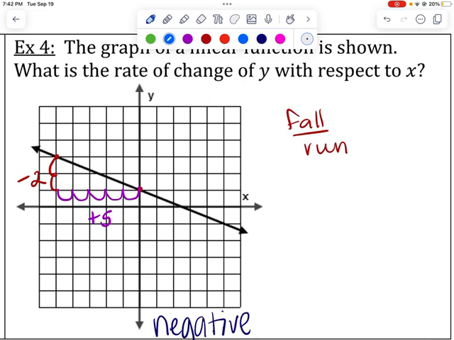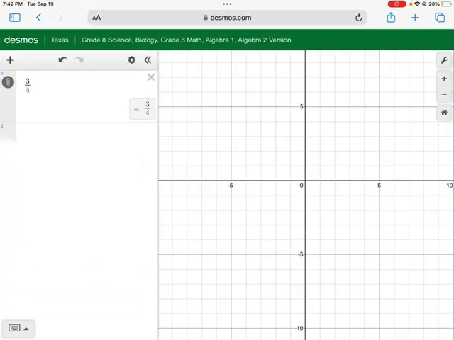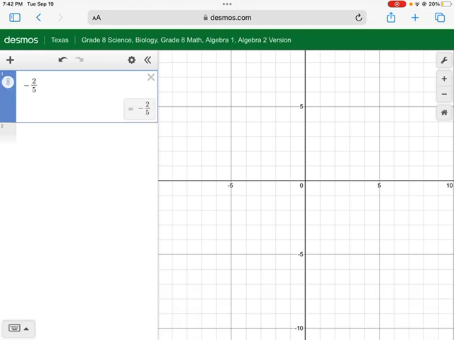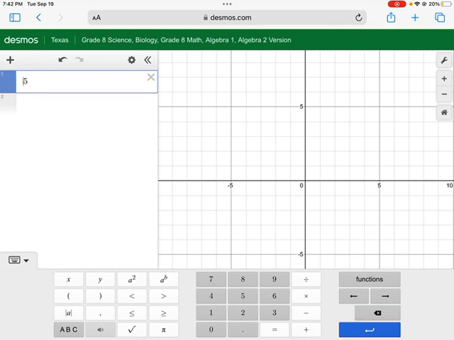So here I've got my fall over run, negative 2 over positive 5. Perfect. And if I double check that on decimals, that should be giving me negative 2 over 5. Can't make that any smaller. Yep, negative 2 over 5. And by the way, right here, you see how I'm just immediately typing negative 2?